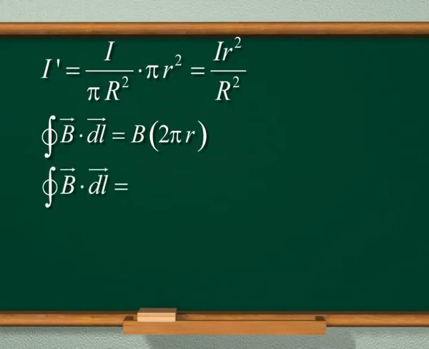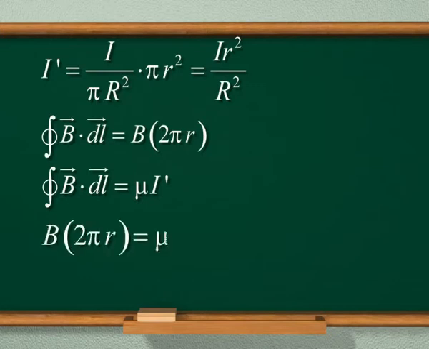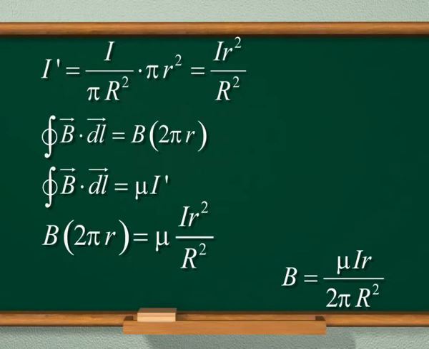Whereas, according to Ampere's circuital law, line integral of B around the closed path would be equal to mu naught I dash. On equating these two relations, we get B into 2 pi r equal to mu naught I into r square upon capital R square, or B equal to mu naught I small r upon 2 pi capital R square. In this case, B is directly proportional to small r.